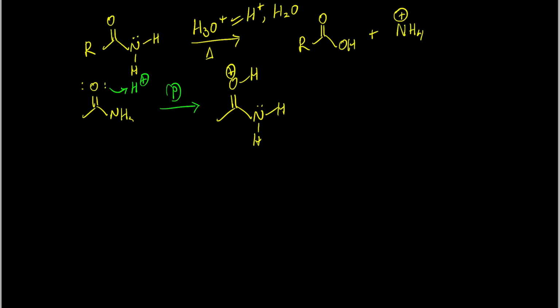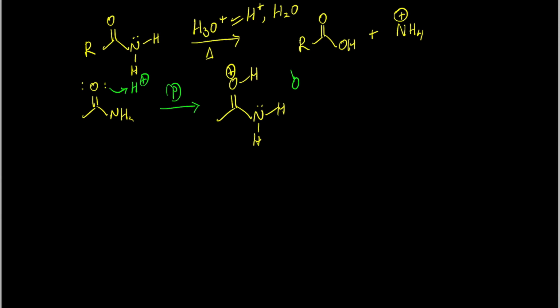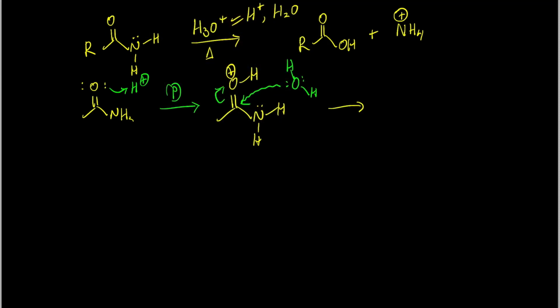Now we have water present. Okay, so here's where our reaction solvent water is going to engage the carbonyl carbon. Okay. And we're going to form the super famous tetrahedral intermediate.